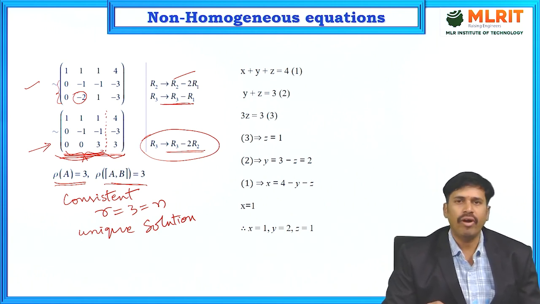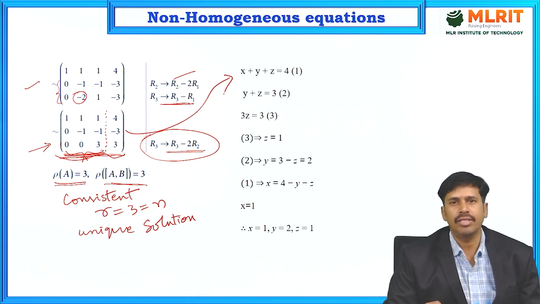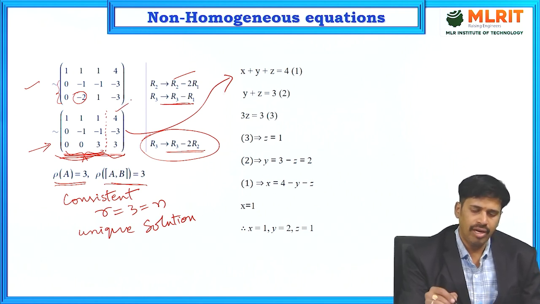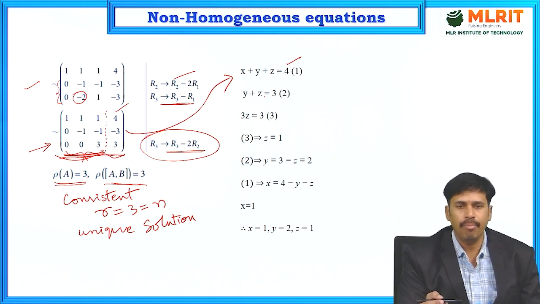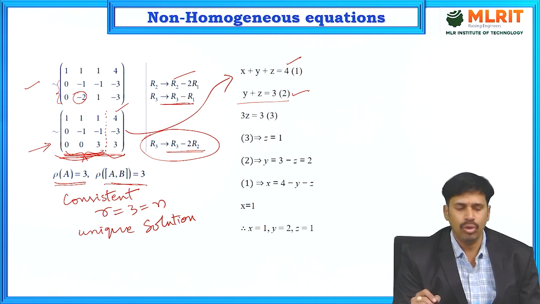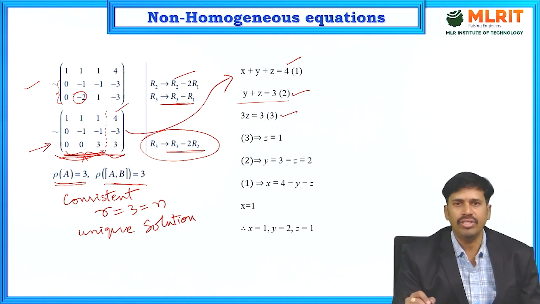To find that solution, again write this matrix in equation form. So x plus y plus z equal to the right side value 4, let it be equation 1. In the second row there is no x coefficient, so write minus y minus z equal to minus 3. If you cancel the minus, you will get y plus z equal to 3, let it be equation 2. Third row, 3z equal to 3, let it be equation 3.